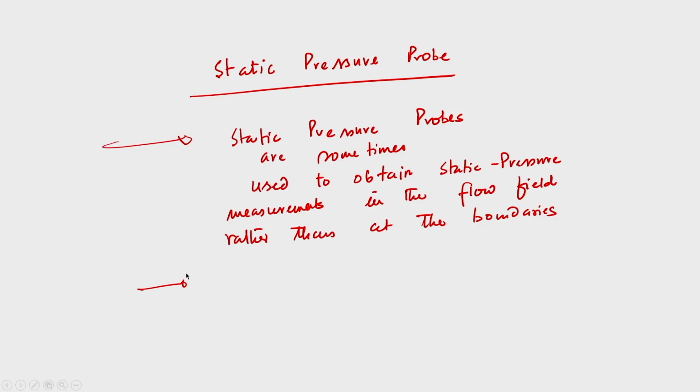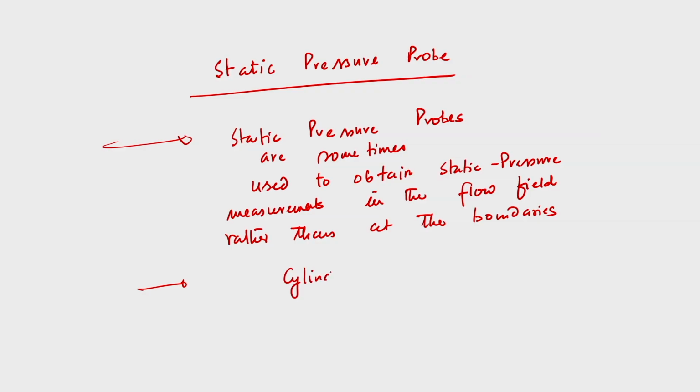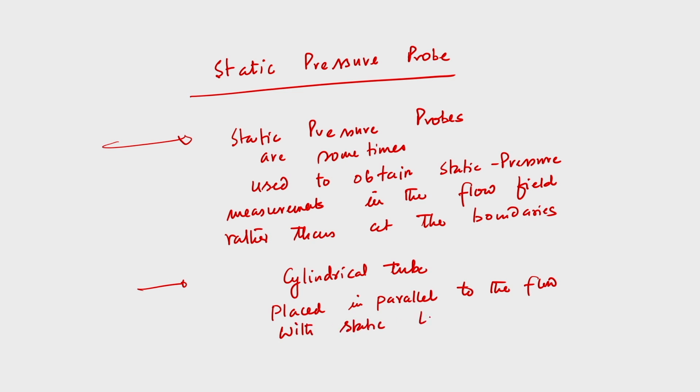Now, this static pressure probe is largely cylindrical in shape, a cylindrical tube, and these probes are placed in parallel to the flow with static tappings located on the body.